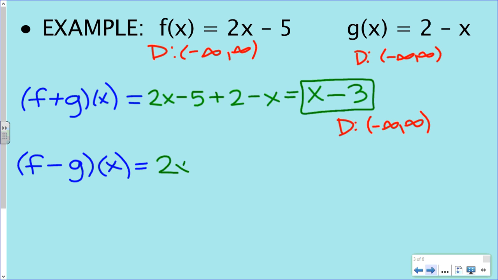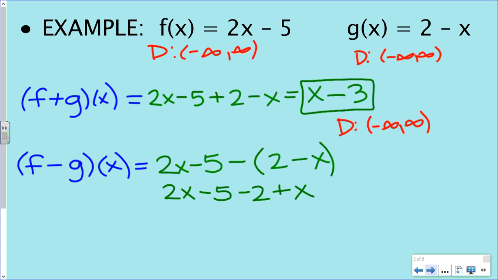Write down the first function, but when you subtract a function, put it in parentheses. That subtraction needs to be applied to the entire second function. That was a common mistake on the quiz. This is really 2x minus 5 minus 2 plus x.